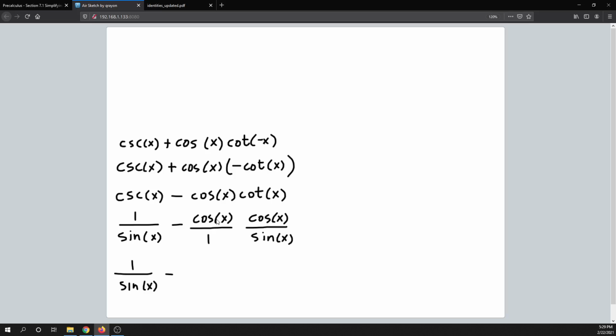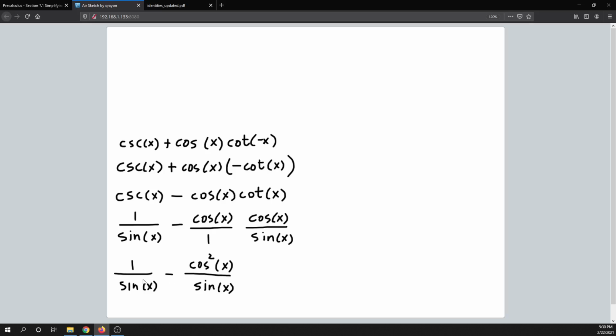So I'll multiply the numerators and then multiply the denominators, right? And so on the top, I have cosine times cosine. So that is going to be cosine squared. And on the bottom, I have 1 times sine x. That's going to be sine x, all right? So that is simpler than what I started with.